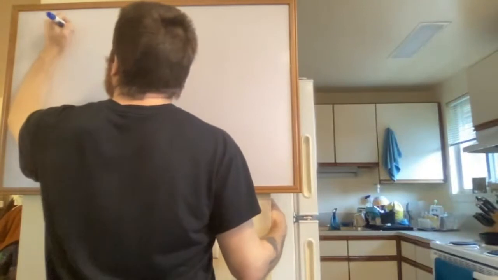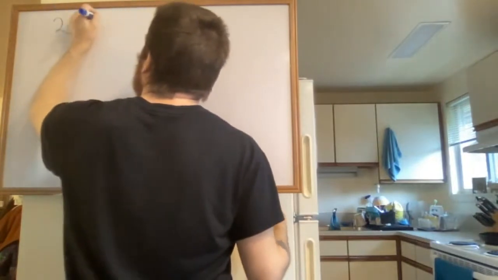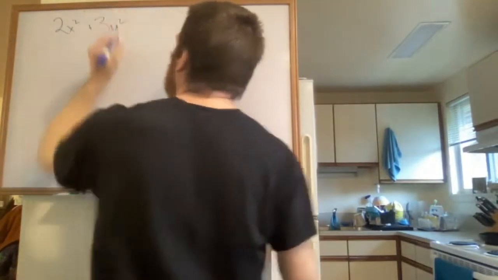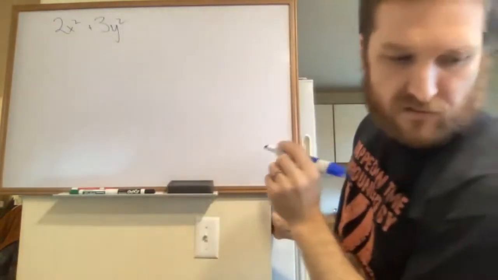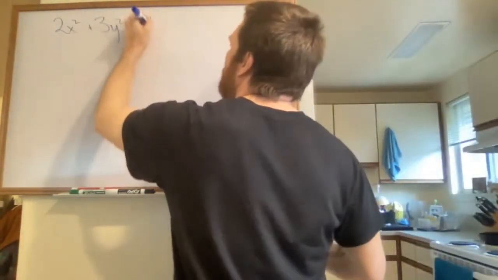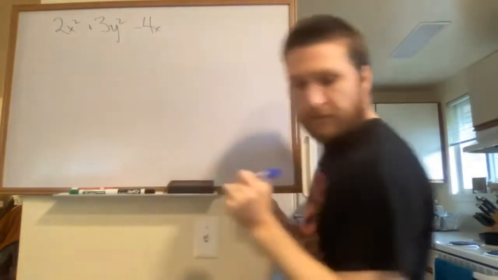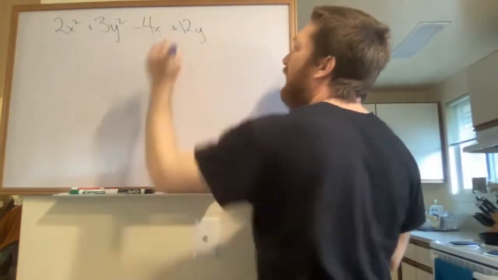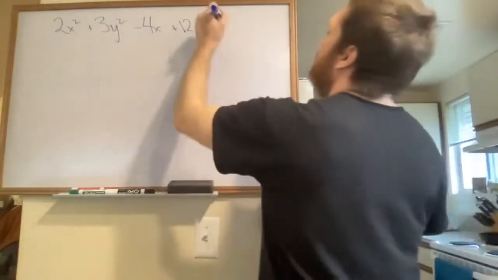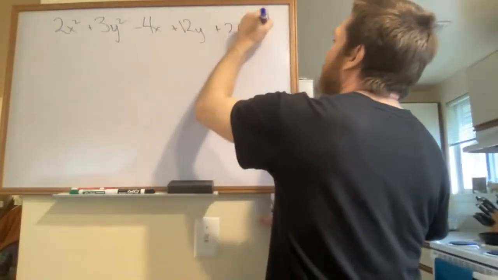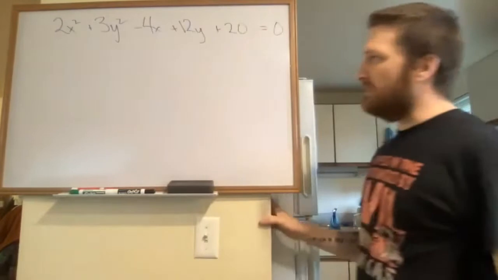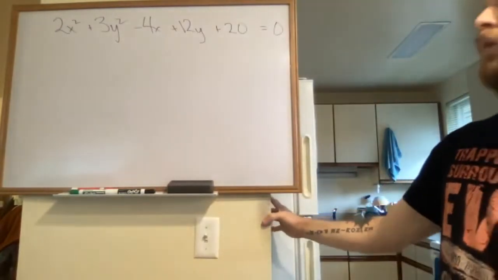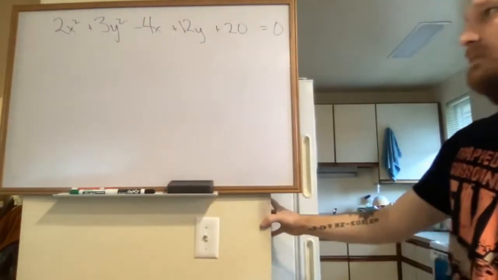So I want to do this: 2x squared plus 3y squared minus 4x plus 12y, let's go plus 20 equals 0. What type of thing is this?